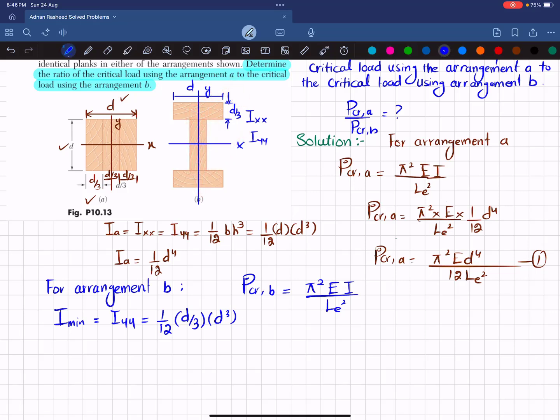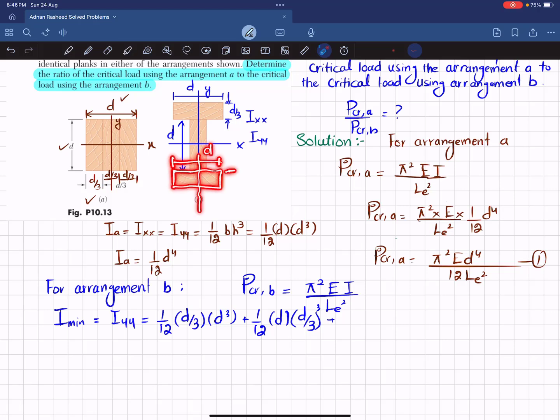So I can write plus 1 over 12, this base D, from this till this, clear? And D divided by 3 is its height, so D divided by 3 whole cube. Plus the last one, which is this one. Again about this y-axis, the height is D and the breadth is D divided by 3.